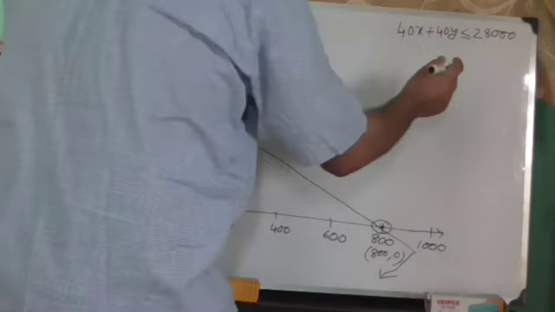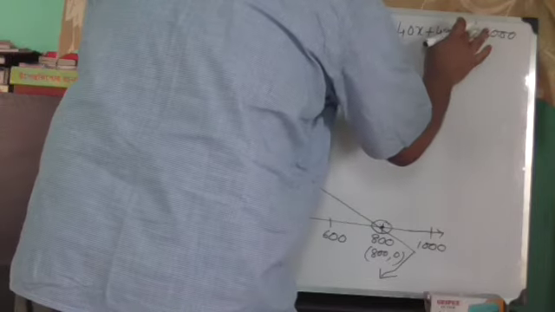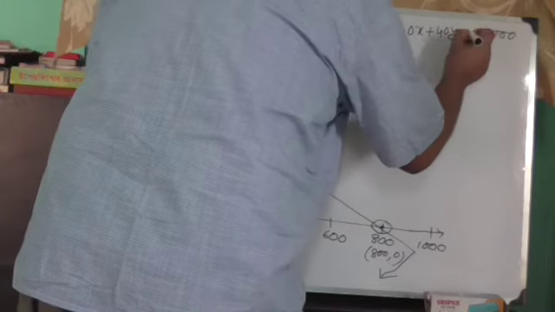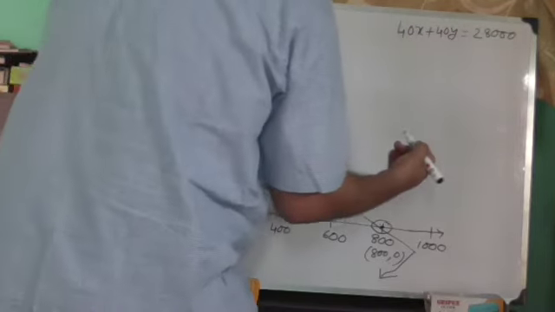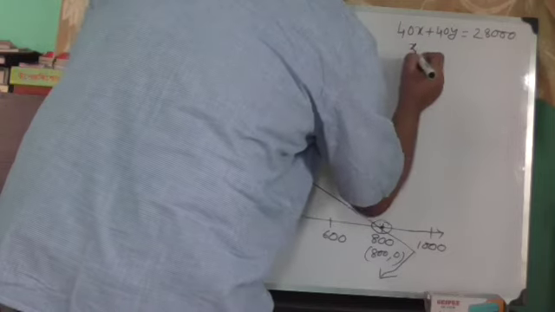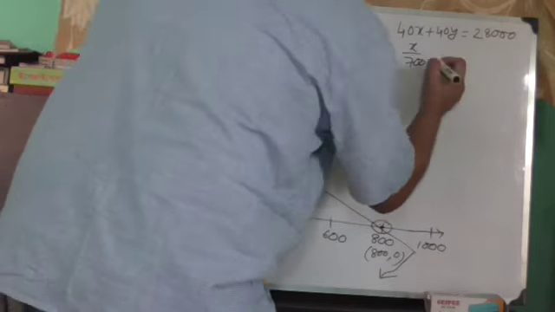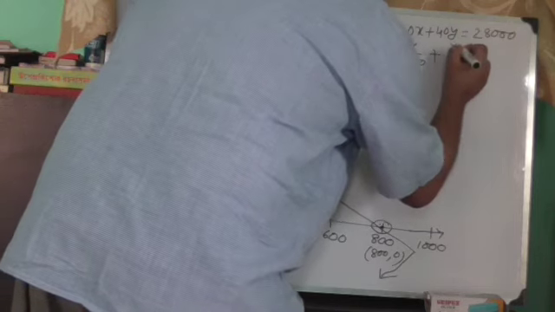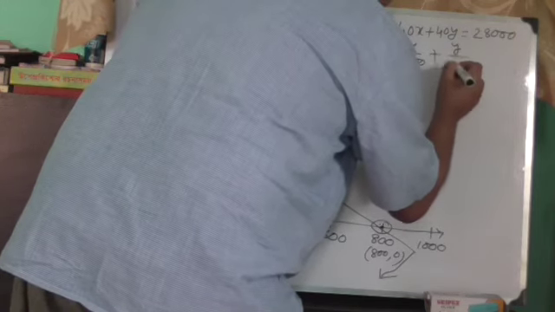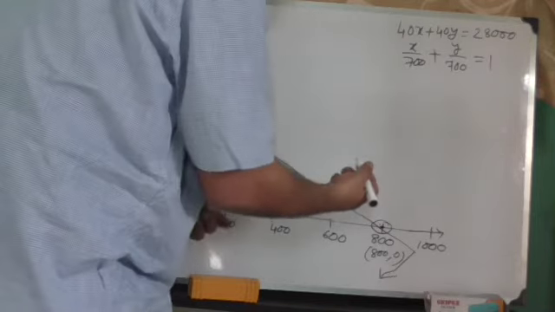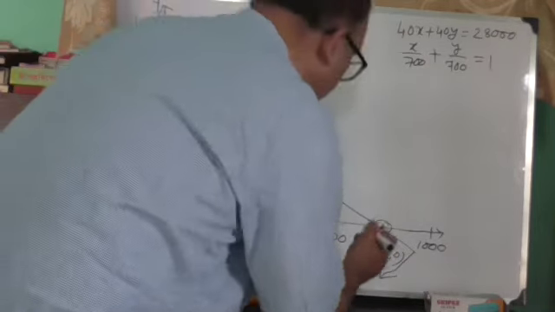If you ignore the inequality sign and take the equality sign, to transform it to the x by a plus y by b form, we divide by 28,000, so it becomes x by 700 plus y by 700 equals 1. In this case the two points are 700, 0 and 0, 700.